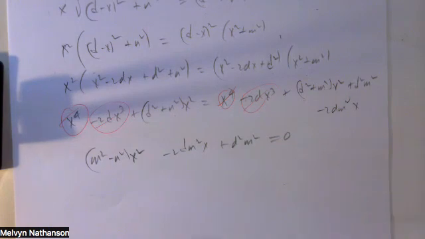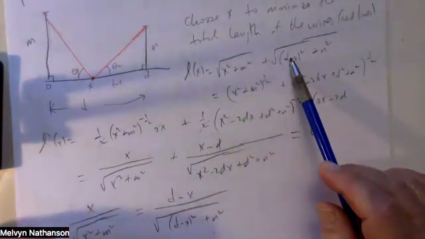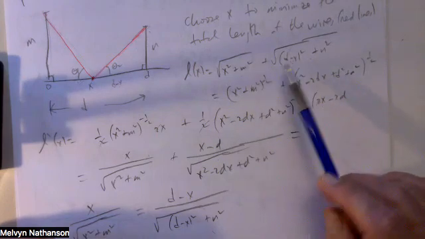You know, since I'm always suspicious of my work, I'm just going to go back and double check this for 1 second. This is the distance. The sum of the distances. This is the total length of the wire.